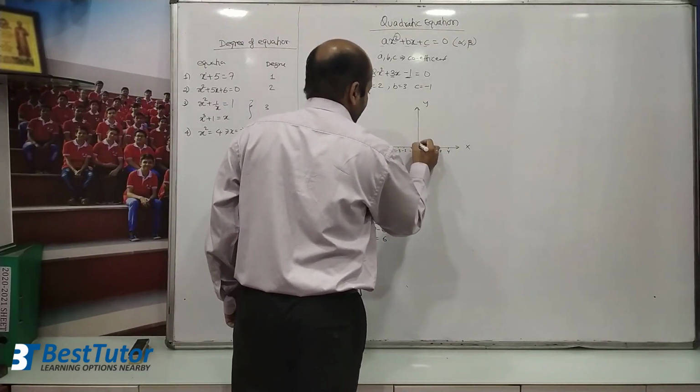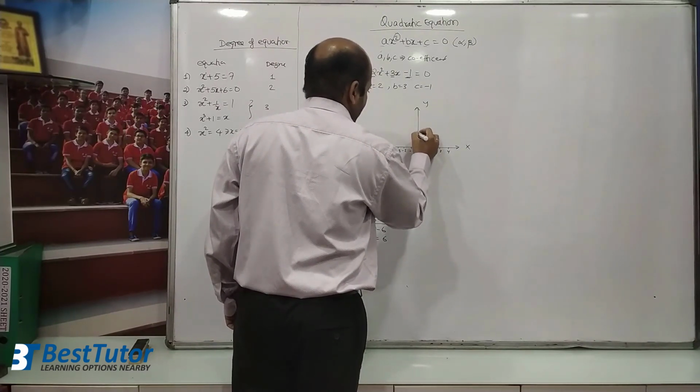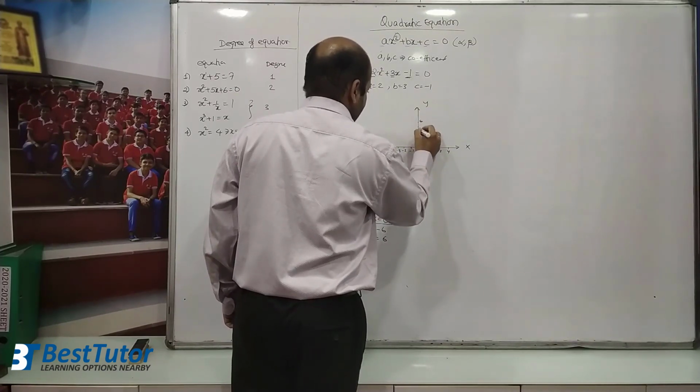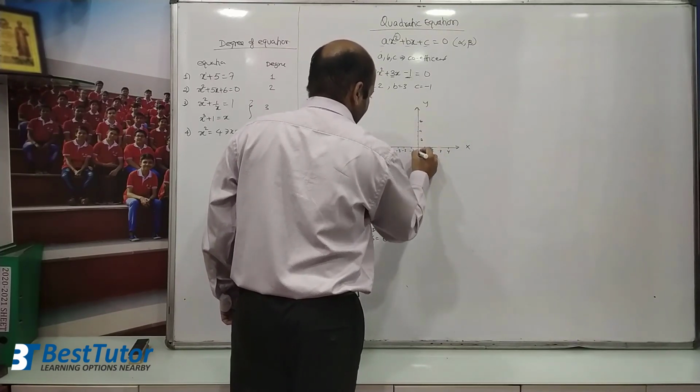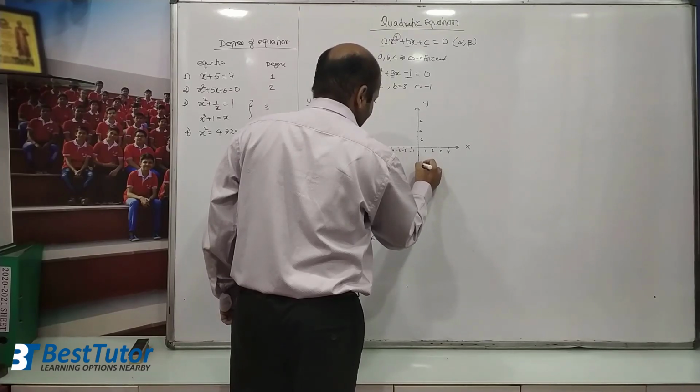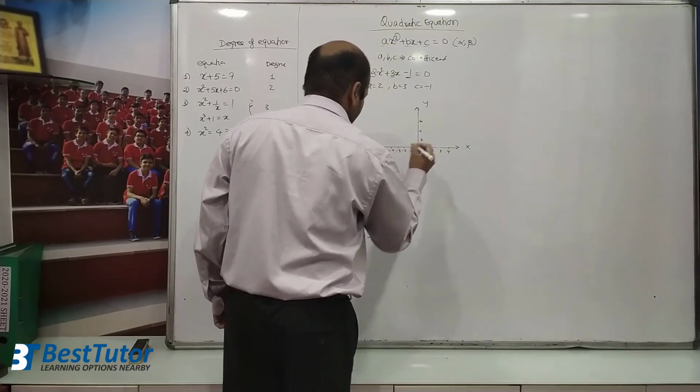So I write here, this is 1, this is 2, this is 3, this is 4, this is 5, this is 6. Okay, this is 4, this is 2. Same with the negative: this is minus 6, this is minus 4, this is minus 2.